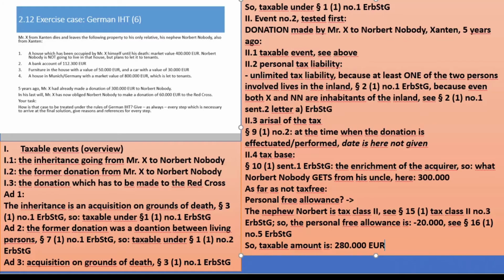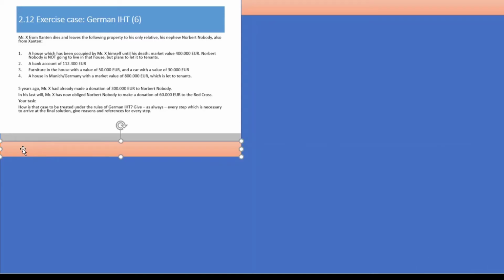But I think nobody will really debate about that. Okay, so we have now a taxable amount of 280,000. So we will now have to think about the tax rate and the tax. So let's take a new sheet of paper.